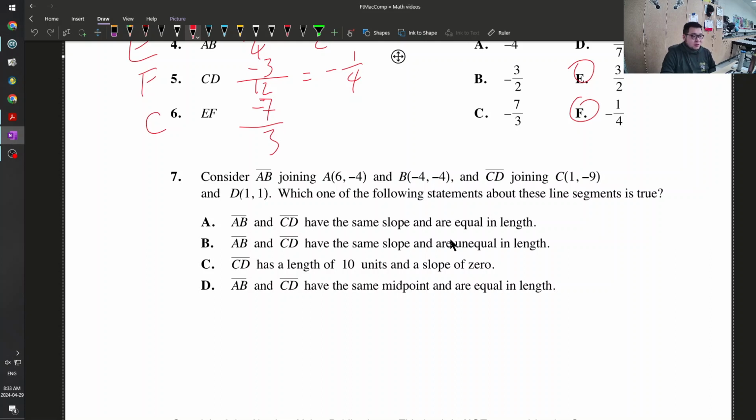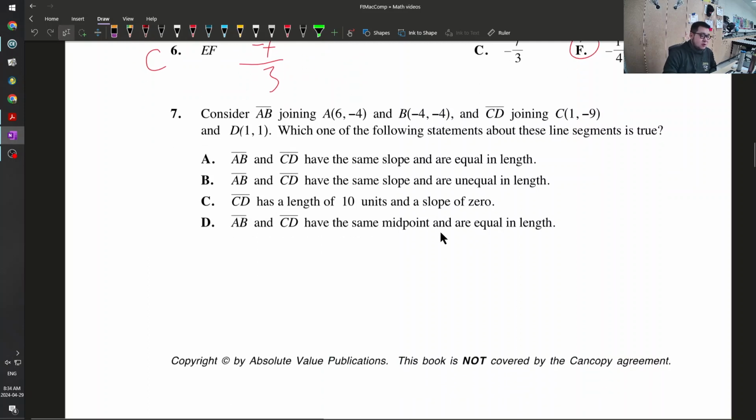This seems like a lot of work. So what is the slope of AB? AB, they have the same y value, so it just seems to be a horizontal line. You know what? Let's just find the slope of AB. So slope of AB is equal to y1 minus y2 divided by x1 minus x2.